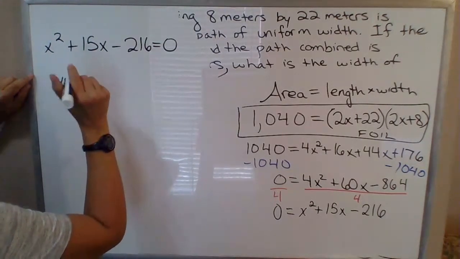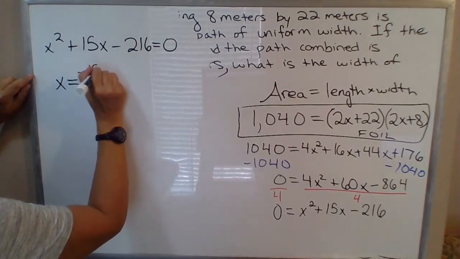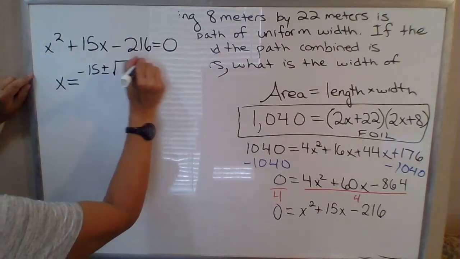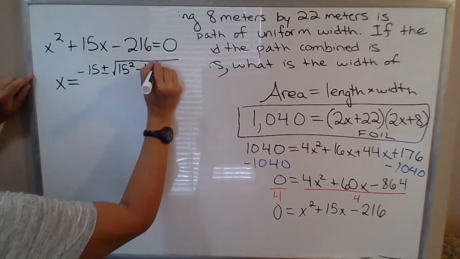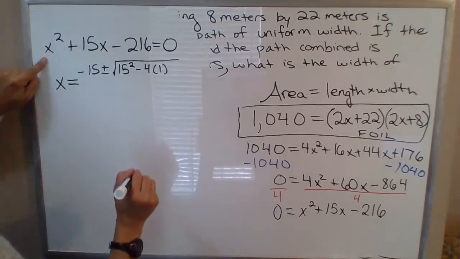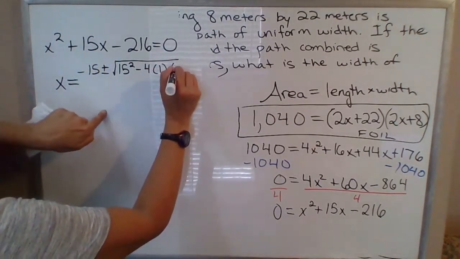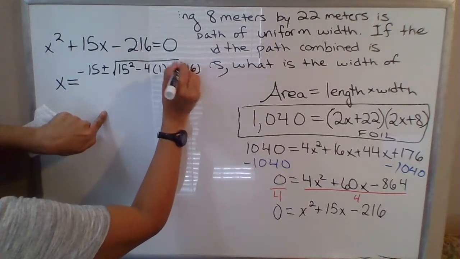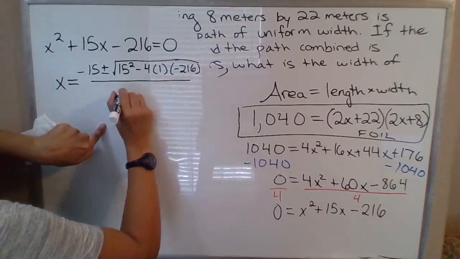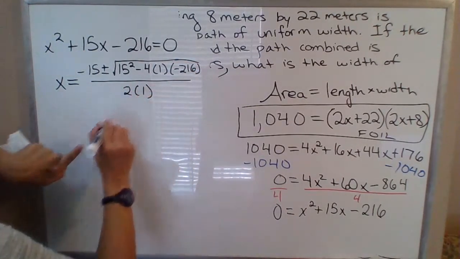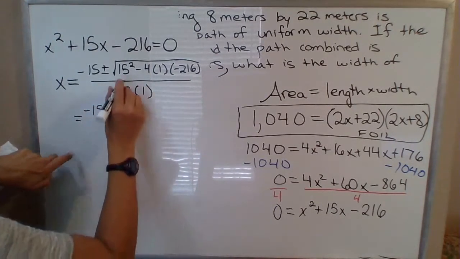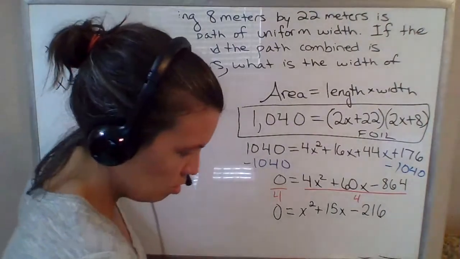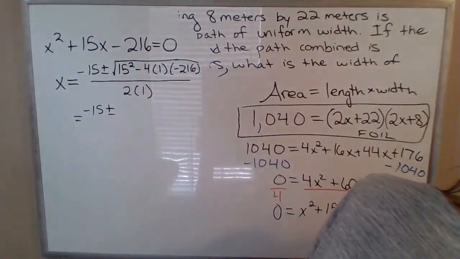And I'm going to use the quadratic formula. So opposite of b, so that'll be negative 15, plus or minus the square root of b squared minus 4 times a, which is 1, times c, which is negative 216, all divided by 2 times a. So this is negative 15 plus or minus, so 15 squared is 225.